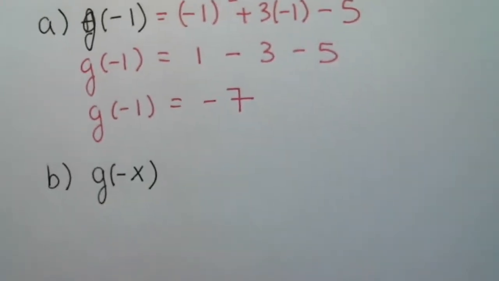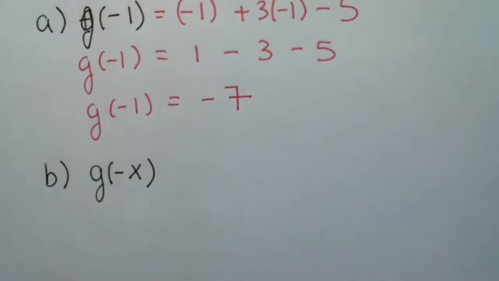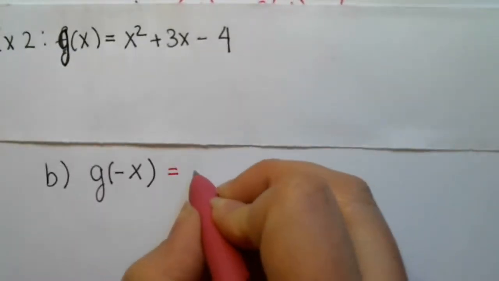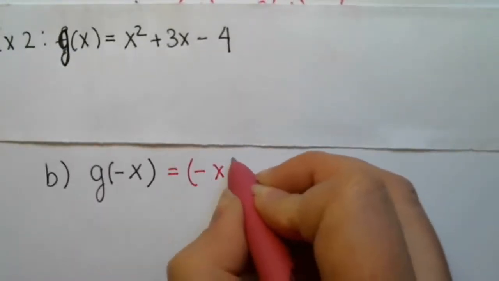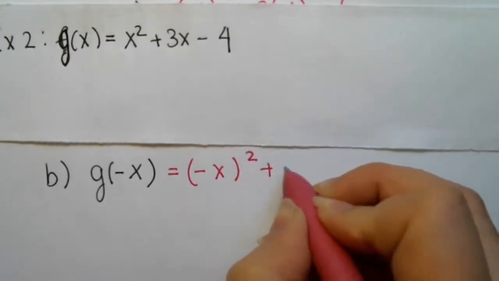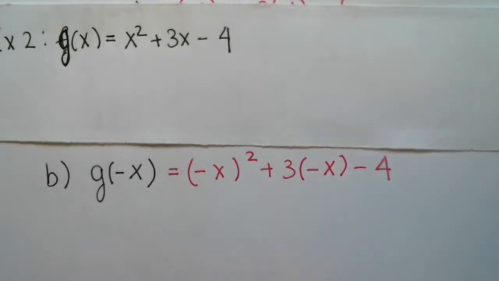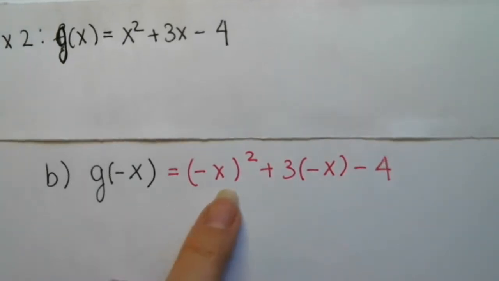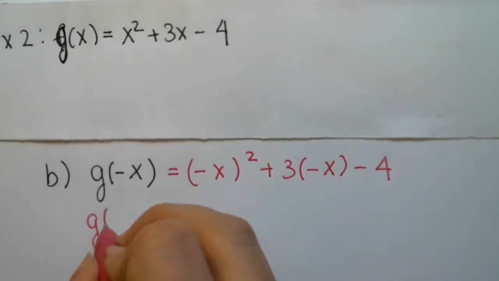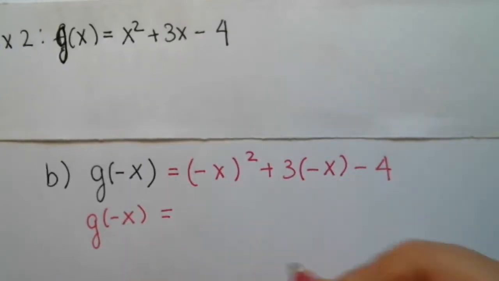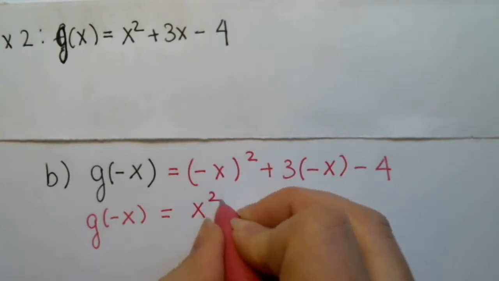Okay, so we're going to take our function g of x, here I'll put down what g of x is, and we're going to plug in -x. So we would have (-x) squared plus 3 times -x minus 4. Now (-x) squared, we know that we can simplify that, right? -x times -x is x squared.